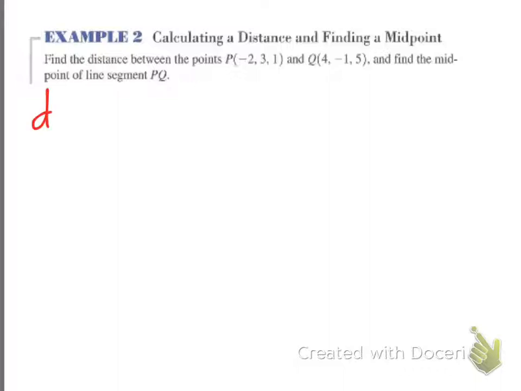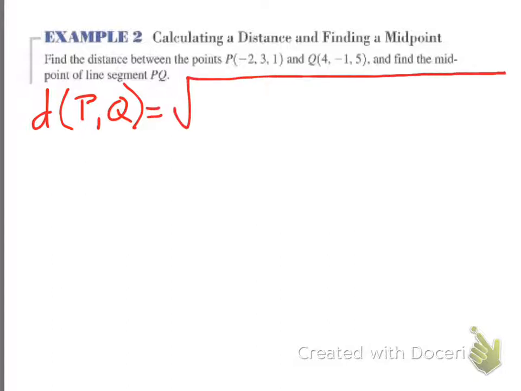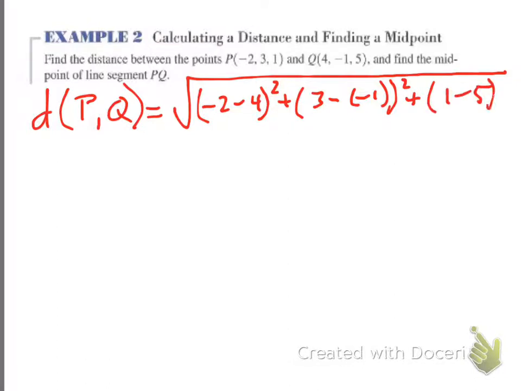The distance from P to Q in 3 dimensions, you're just going to do the distance formula. So negative 2 minus 4 squared plus 3 minus negative 1 squared plus, all you're doing is the distance formula, guys, and your z's are the third coordinate.